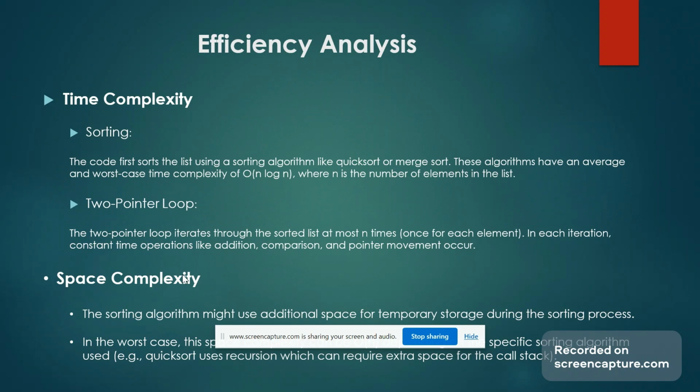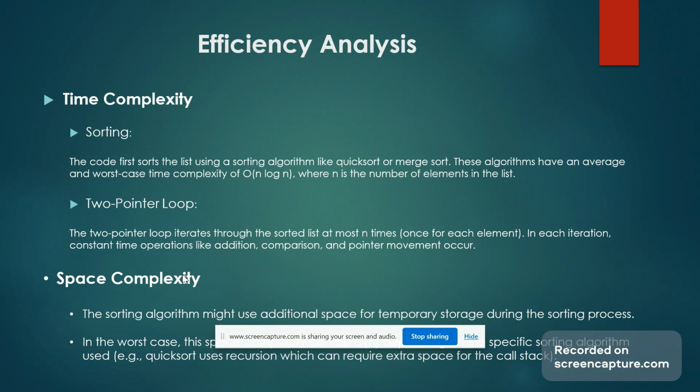These algorithms have an average and worst case time complexity of O of n log n, where n is the number of elements in the list. And the two-pointer loop iterates through the sorted list at most n times, once for each element. In each iteration, constant time operations like addition, comparison, and pointer movement occur.